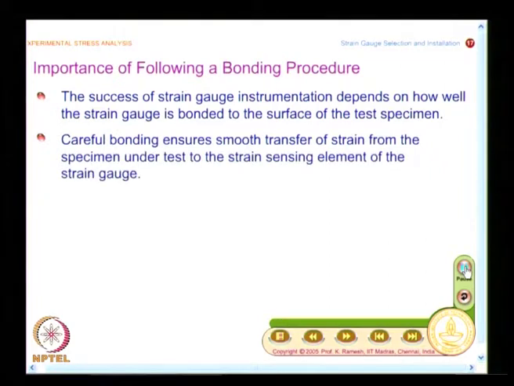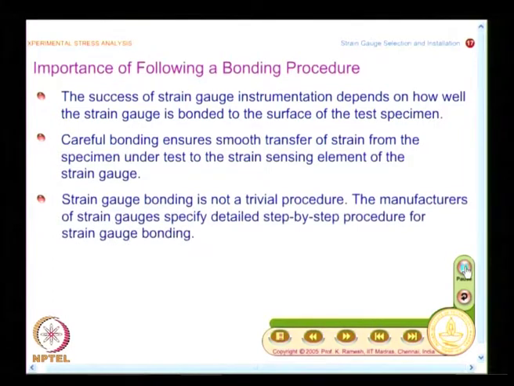The next important step is to bond the strain gauge to the specimen concerned, and this is a very important step, though the step requires detailed preparation of the surface, bonding, alignment, soldering, etc. One needs to learn the steps carefully and also follow the steps that we discuss.